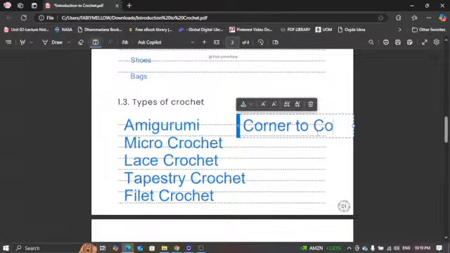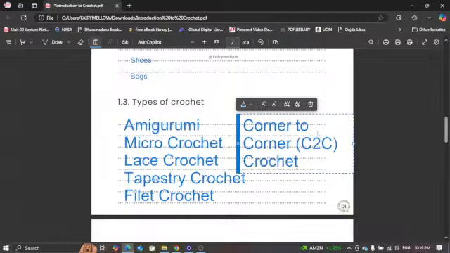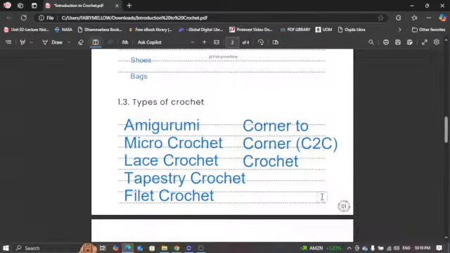This is also called C to C crochet. These are a few types of crochet. That means a few sub streams of crochet.